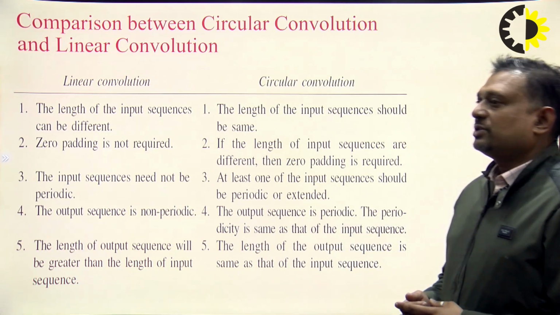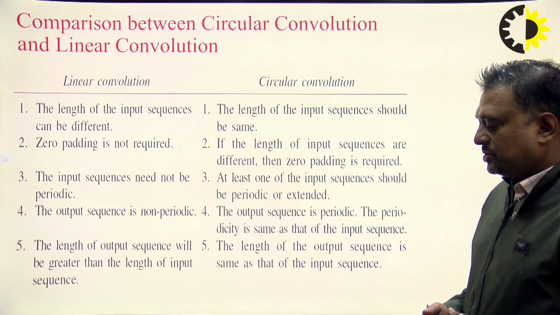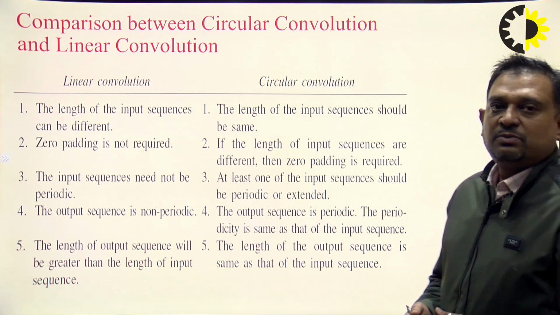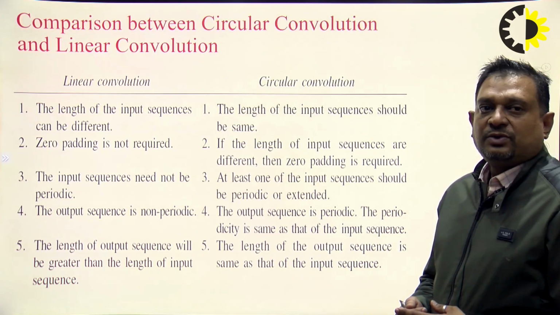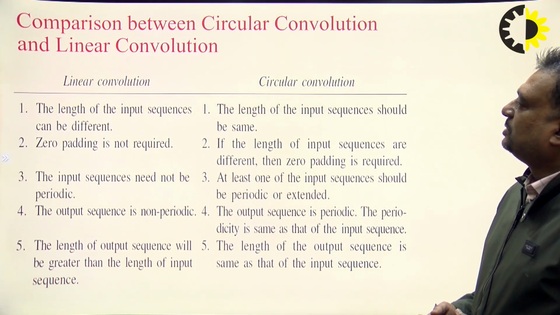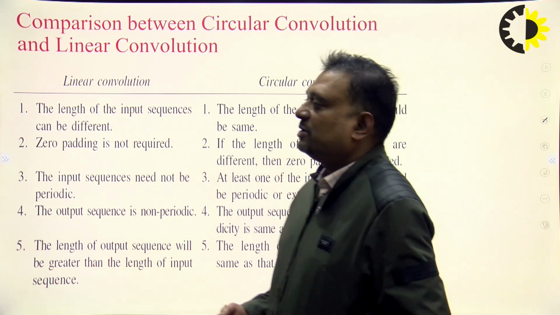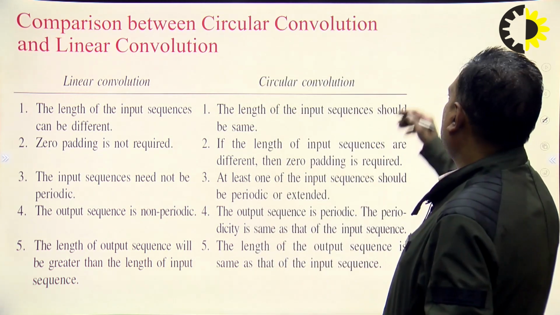In circular convolution, the convolution operation remains the same, but one of the sequences is a periodic sequence. At least one of the sequences is periodic. So let's see what is the difference. In linear convolution, the lengths of the input sequences can be different. Let us suppose we are taking two sequences.